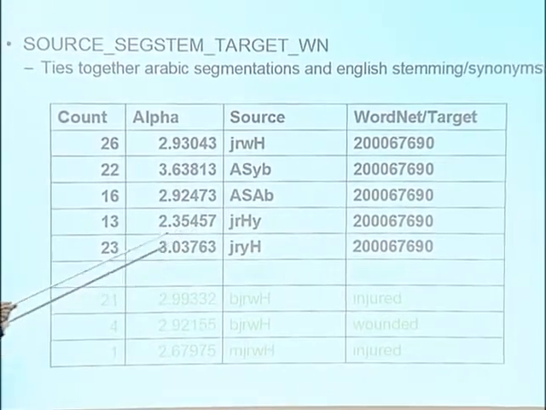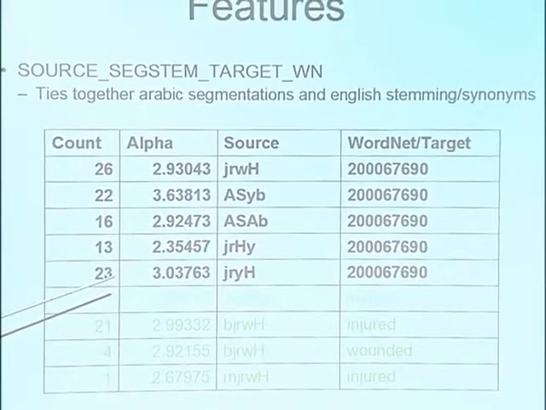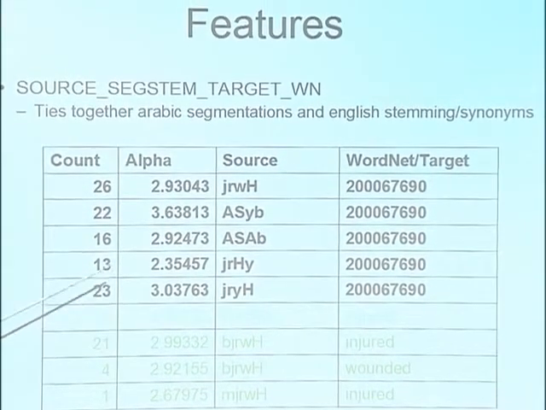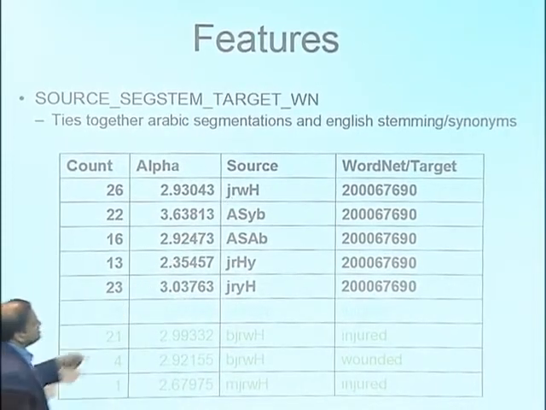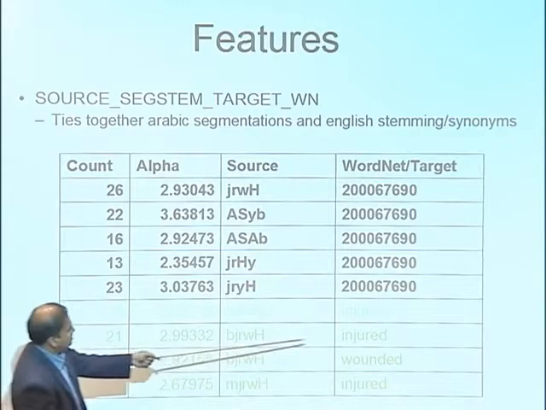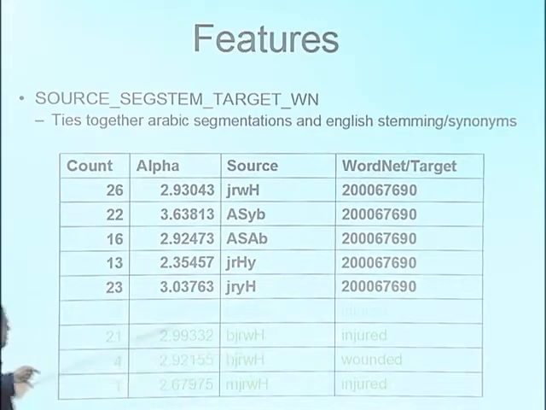You can look up the WordNet synset ID and class all the words that belong in a synset together. Here, this synset is aligning to this Arabic source, which seems to mean injured. You can look at the alphas and see that the WordNet alphas tend to be higher, because they're classings of English, than the lexical features.